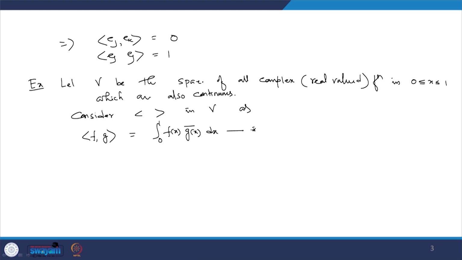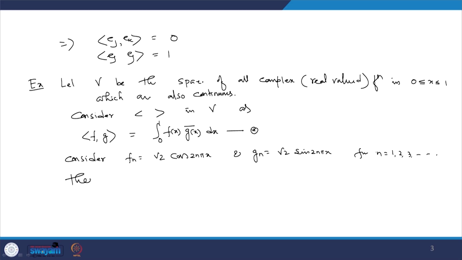Now, with respect to this inner product, consider fn equal to root 2 cos 2n pi x and gn equal to root 2 sin 2n pi x, for n equal to 1, 2, 3 and so on.